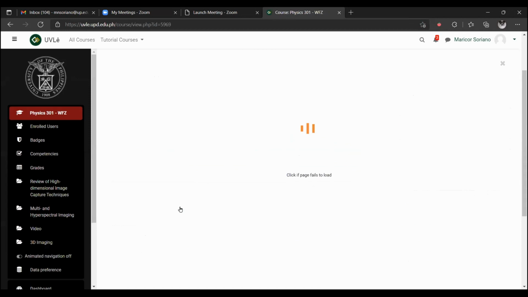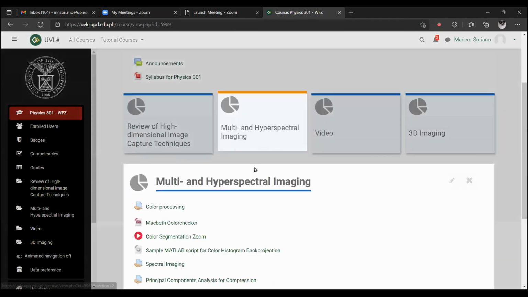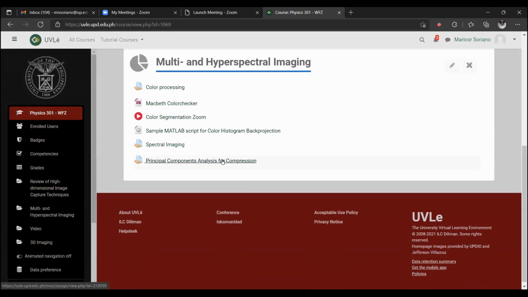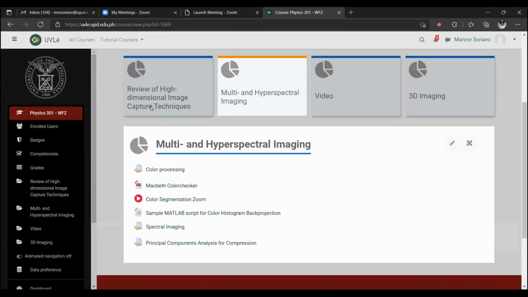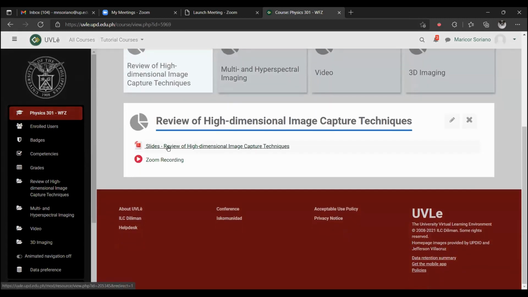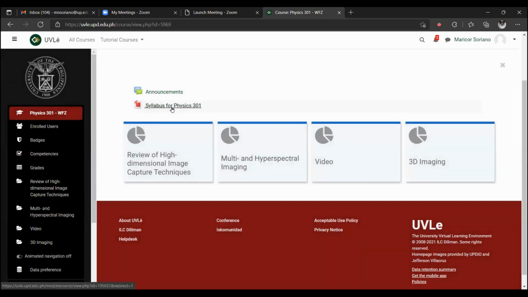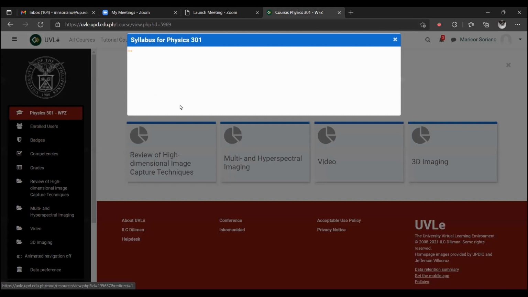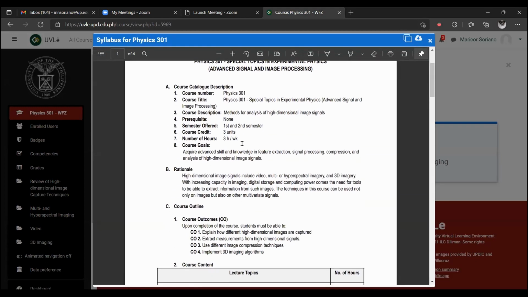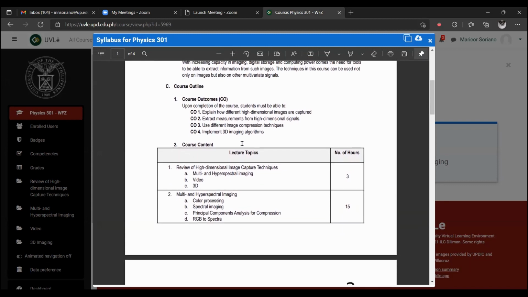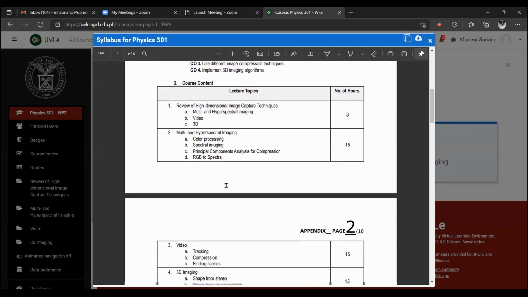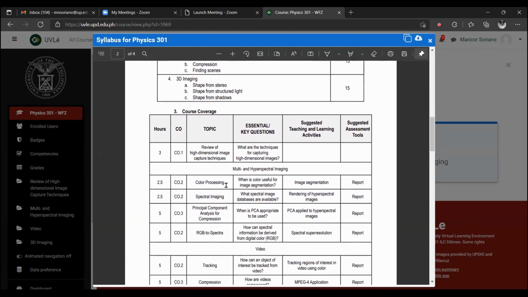Alright, sige. So, sa 301, then, banda dito, kunin natin ang activity. Oh, by the way, before we do this, just housekeeping. Okay, tandaan, we're still under multi and hyperspectral imaging, and the number of hours I've devoted for this topic is 5, so there will be actually 2 activities for this topic, but just 1 report.